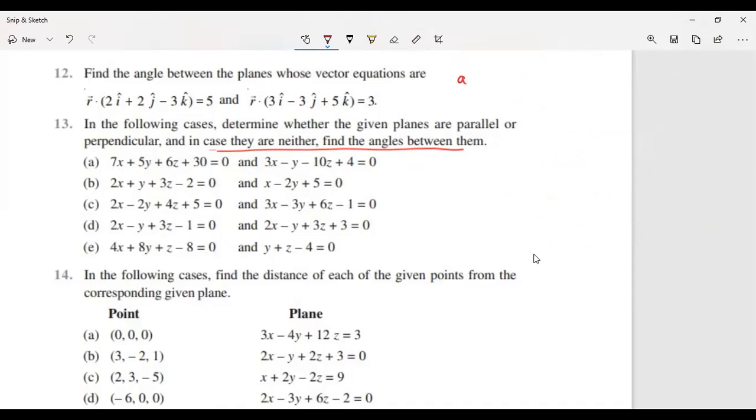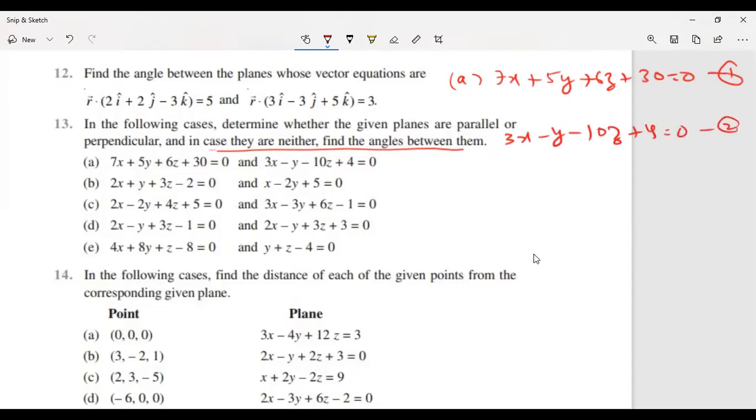First plane is 7x plus 5y plus 6z plus 30 is equal to 0, and this is plane number 1. Plane number 2 is 3x minus y minus 10z plus 4 is equal to 0. This is plane number 2.